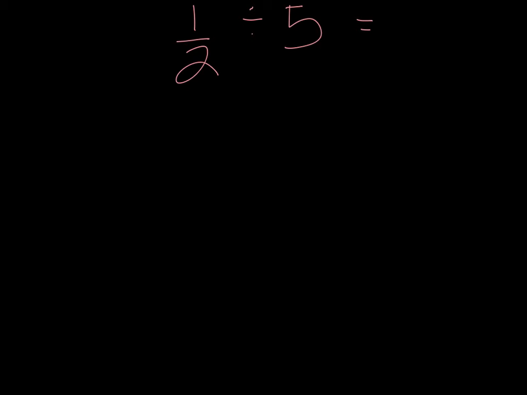Okay, so 1/2 divided by 5, you can see right there, is the same thing as 1/2 times 1/5. 5 and 1/5 are reciprocals. Okay? So I need to actually take 1/5 of my half a pizza, let's say.